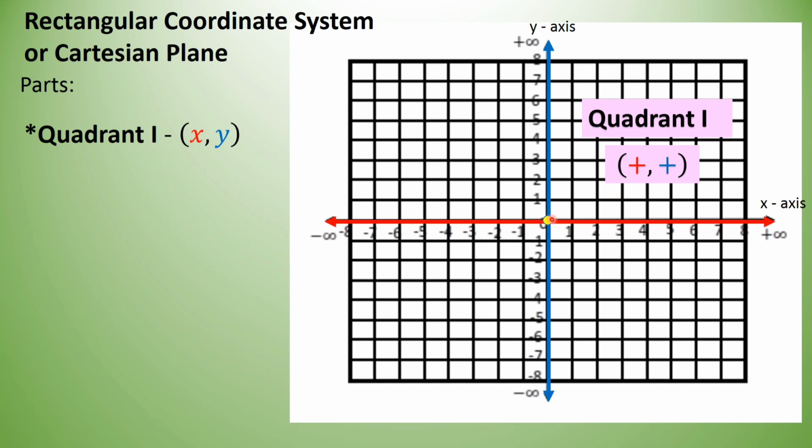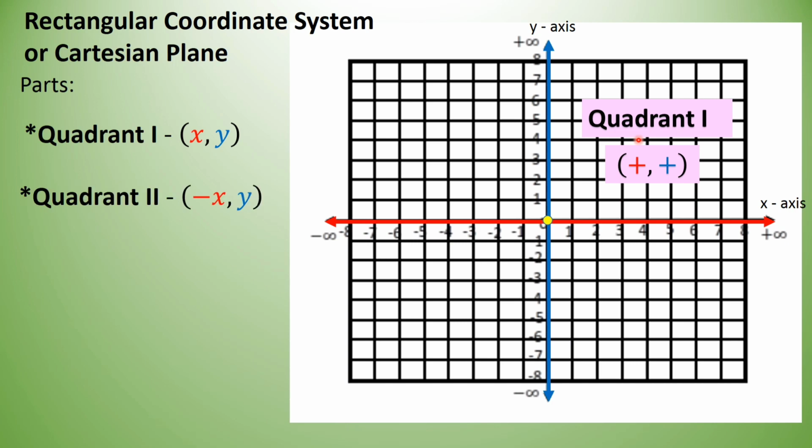From the point of origin going to the right, we have positive values, and from the point of origin upward, we also have positive values. Take note that these arrows indicate that it can be extended up to positive infinity.